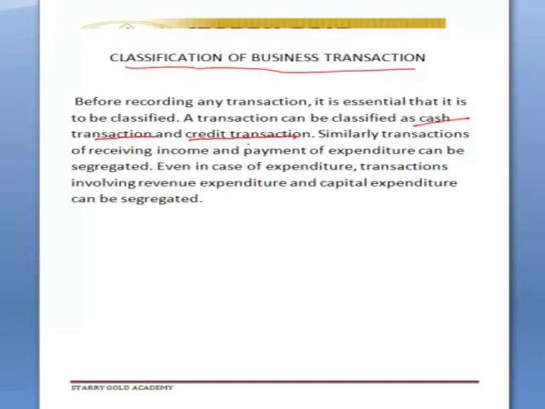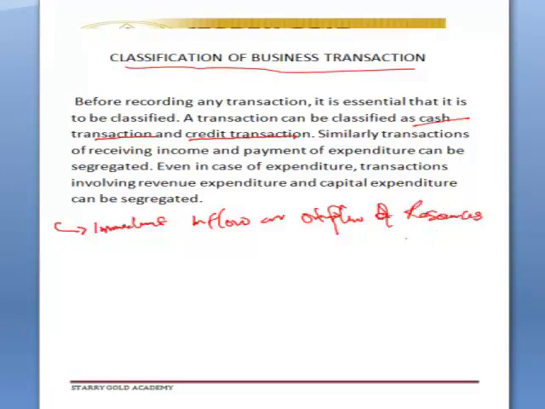That is what we call a cash transaction. That is, there is an immediate inflow or outflow of resources.